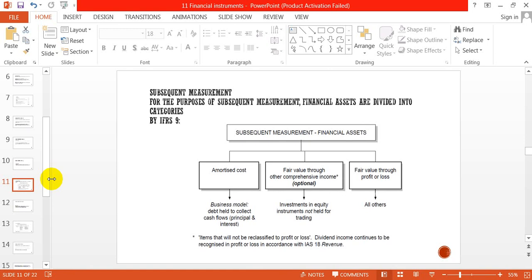Now, let me qualify. This is optional. For investments in equity instruments not held for trading, an entity has an option to measure such an equity instrument through fair value, through other comprehensive income.